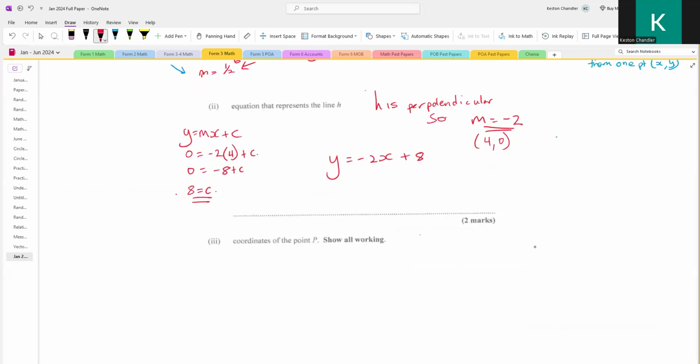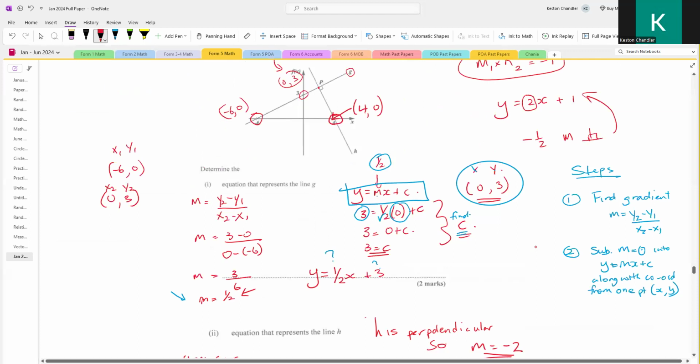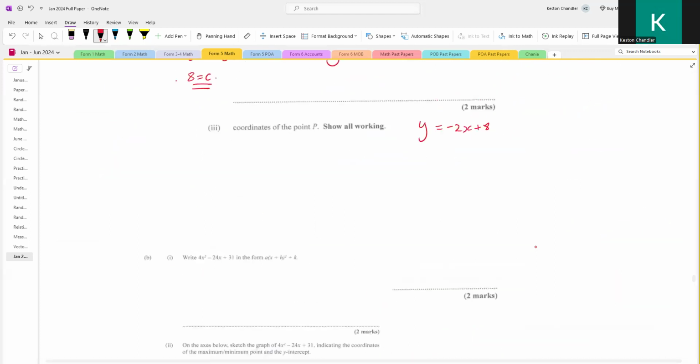You have y = -2x + 8, and you have y = 1/2 x + 3. You want to find the coordinates of the point. This is a point of intersection between two lines. Make sure both of them are written in the form y = mx + c, and then you equate them to each other. You put this to be equal to this, and you solve for x.